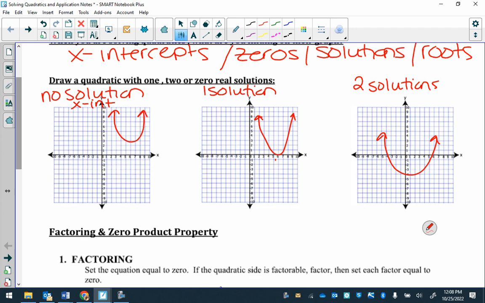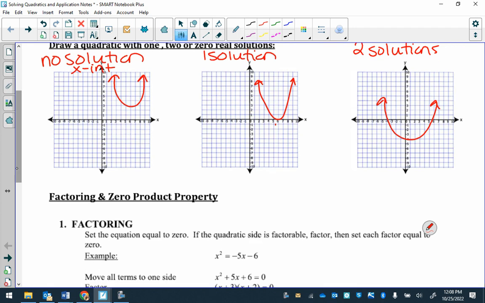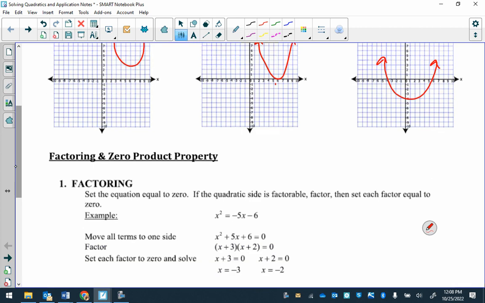Okay. Now, there's ways when we get to the quadratic formula, a piece of the quadratic formula can determine how many solutions there are. Okay? So the piece of the quadratic formula is called the discriminant, which is b squared minus 4ac. That piece can tell us if there's going to be one solution, no solution, or two.